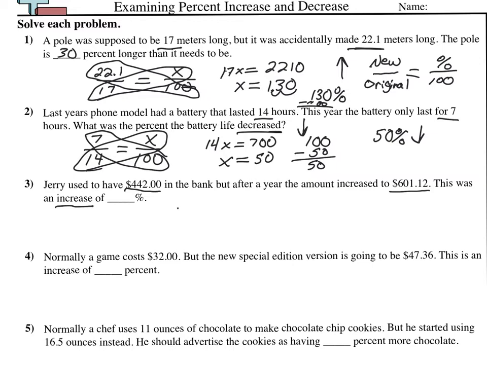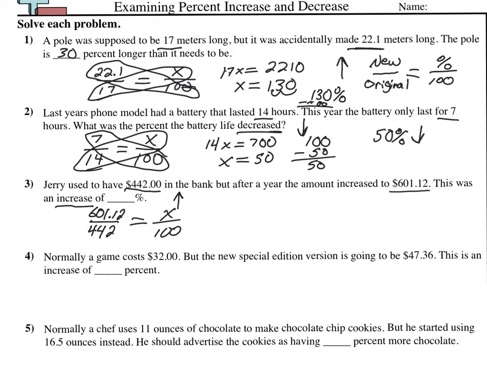So you know it's going up, and it's pretty obvious if you look at the two numbers. All right, so the original is on the bottom, and the new goes on the top. We're looking for the percent.